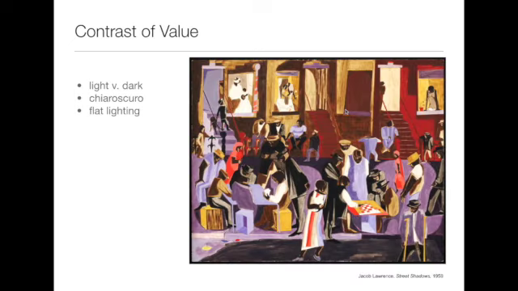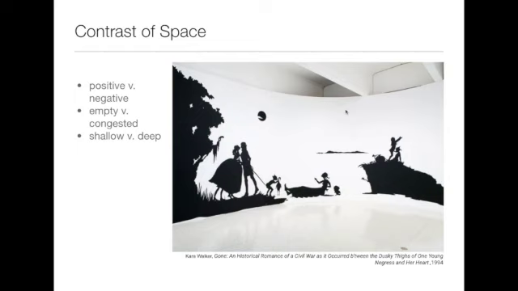And of course we also have contrast of value, that whole idea of light versus dark. We've talked about chiaroscuro in other videos, and the variety of different flat lighting, and how we choose to light our subjects in order to create visual interest and make something stand out.